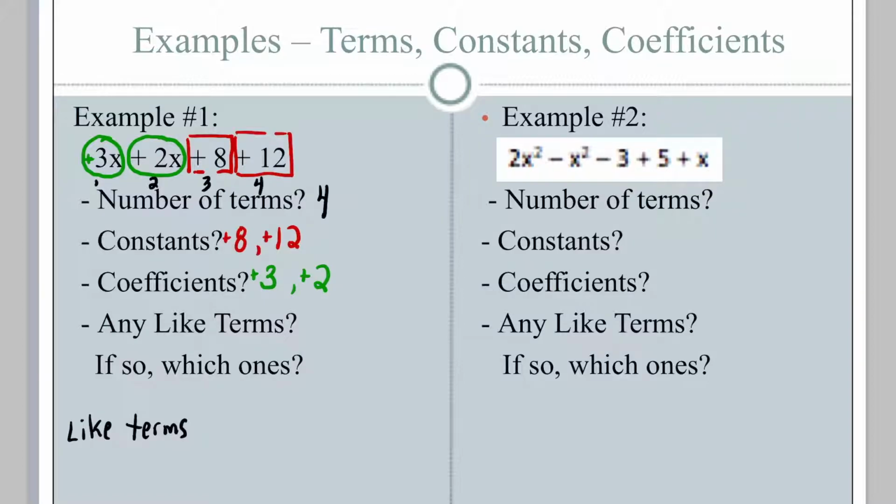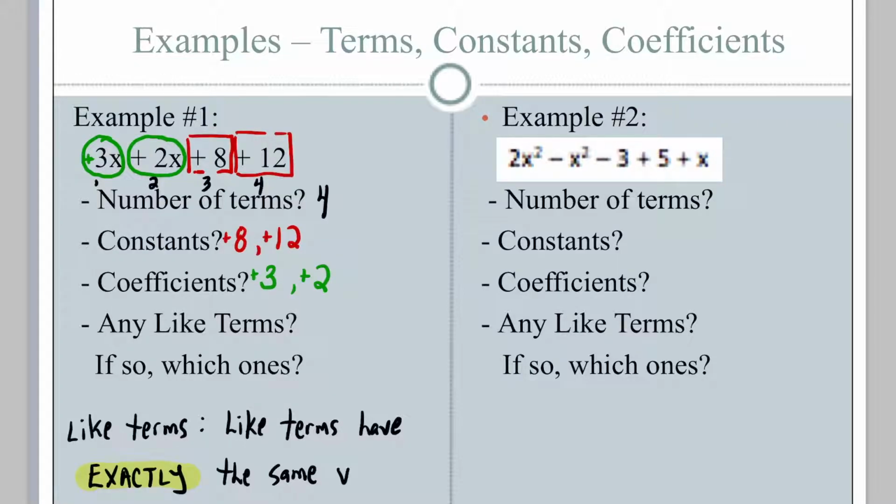Like terms have exactly the same variable factors.